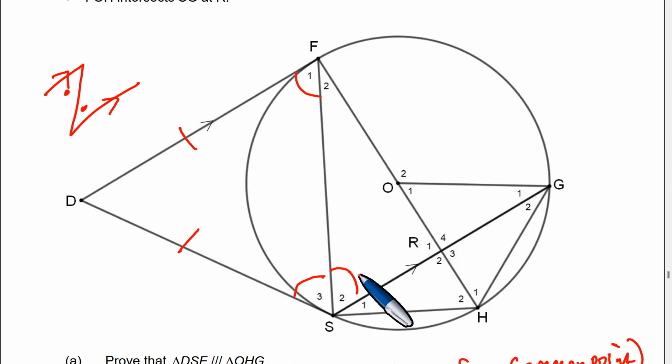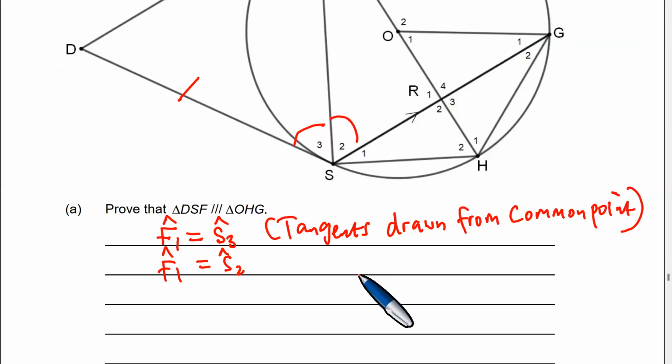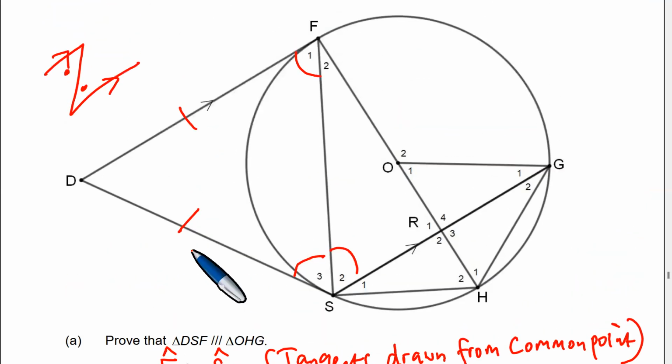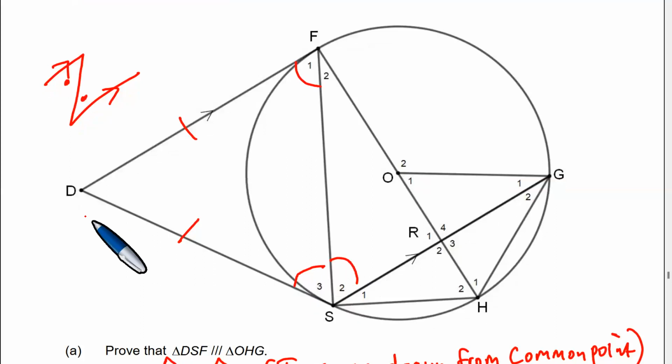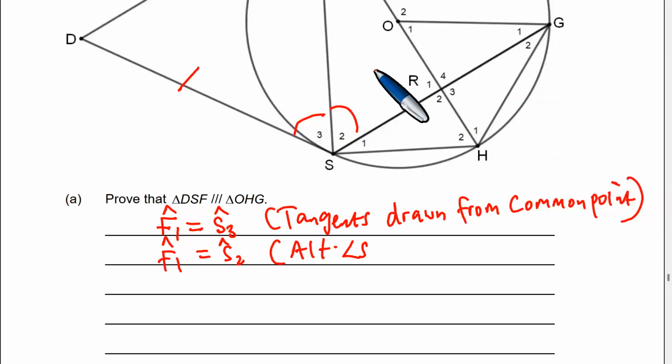Why? Because of the alternate angles. Why are they alternate angles? Because we can see that SG is parallel to DF.